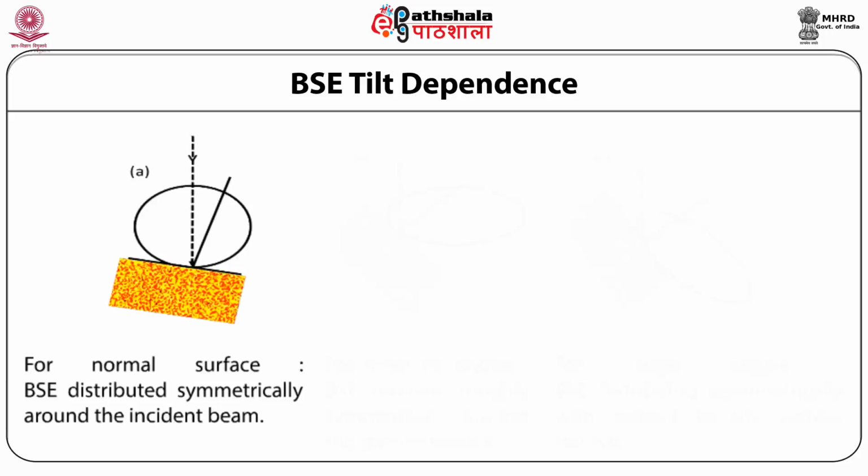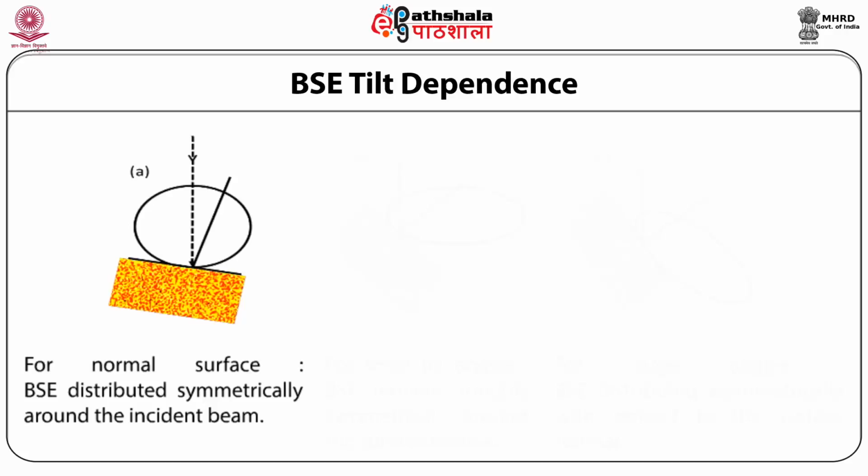The backscattered electron tilt is also affecting the BSE emission. Here, the backscattered electron coefficient increases with tilt as the electrons can escape the surface with less total angular deviation. At very high angles, this corresponds to grazing incidence. The value of eta b tends to unity.